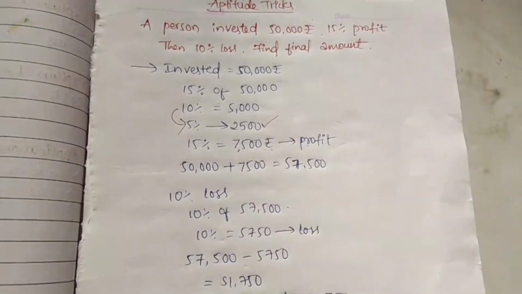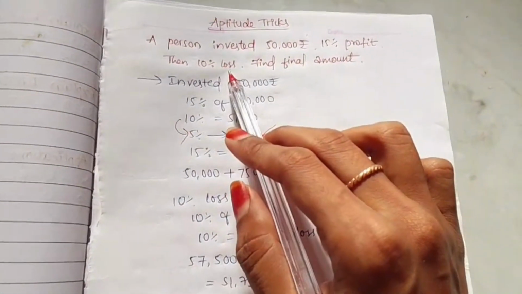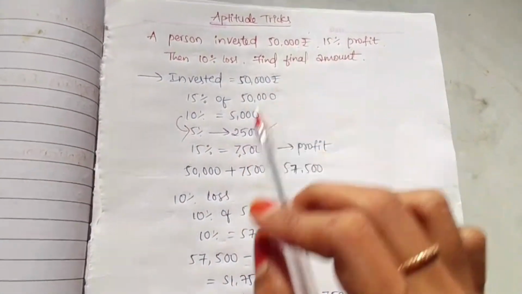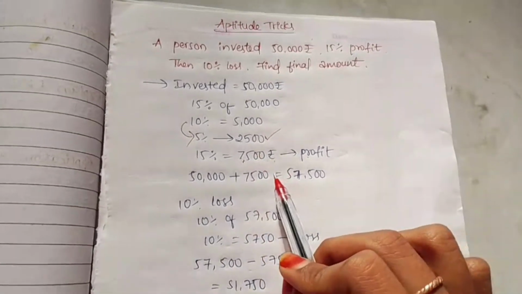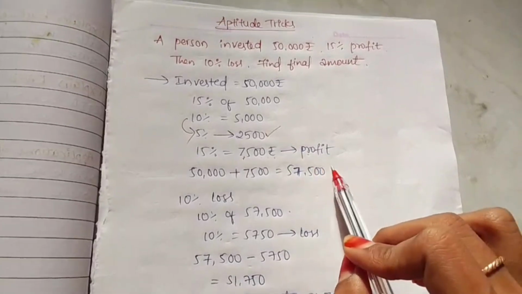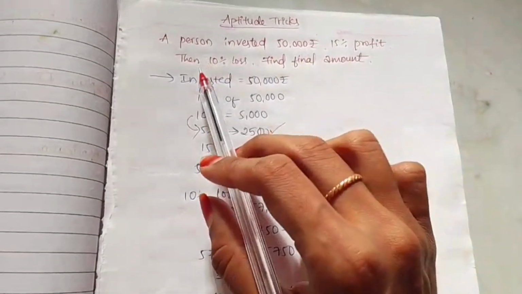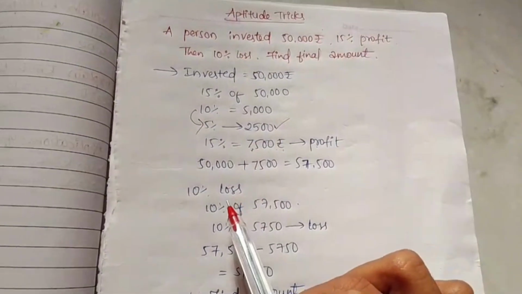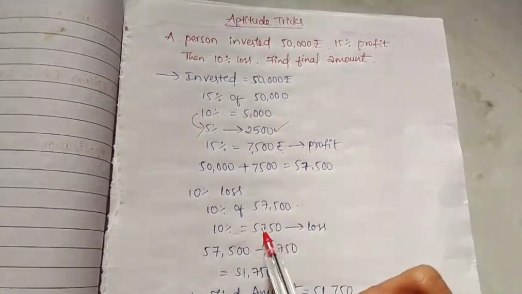Here, after profit he got 10% loss. That's why we have to add this 50,000 plus 7,500 profit. The total amount he has is 57,500 after profit. After profit only he got 10% loss. Let us calculate that. 10% of that 57,500 is 5,750.